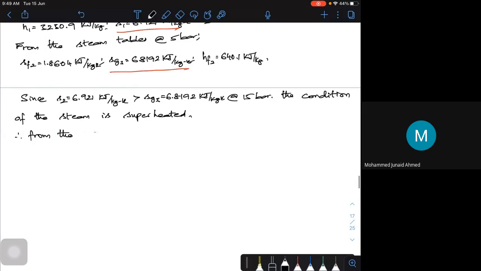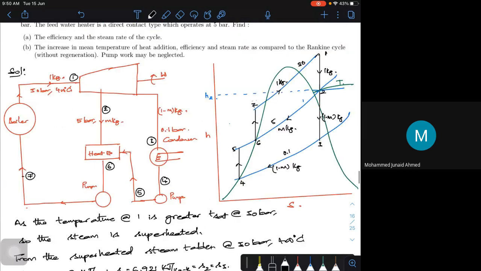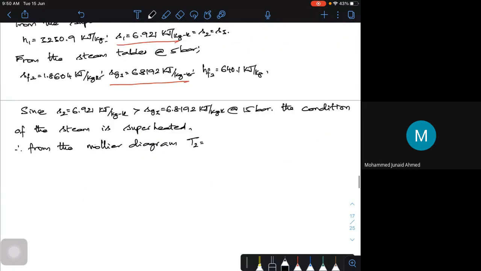Let me write that. From the Mollier diagram, the corresponding temperature is found to be around 172 degrees Celsius, that is T2, and the corresponding enthalpy is found to be 2796 kilojoules per kg.